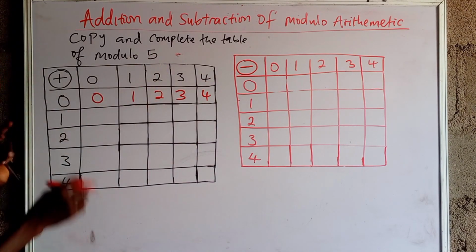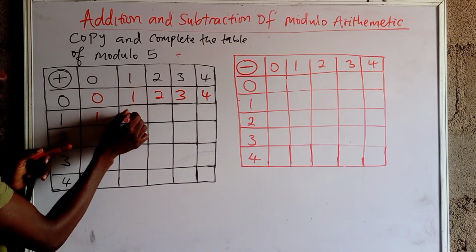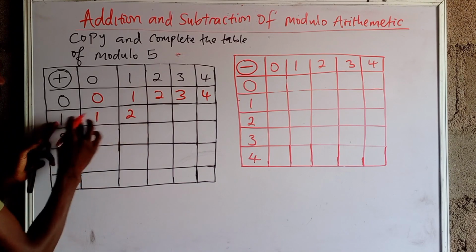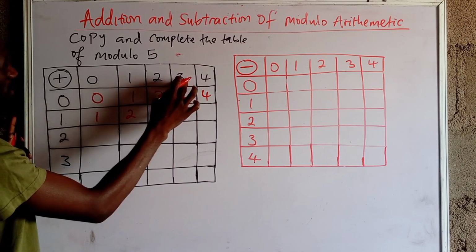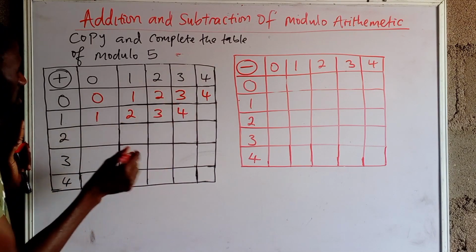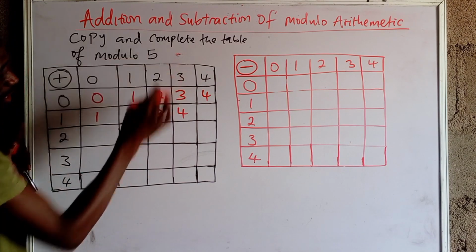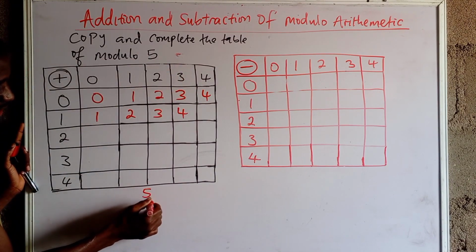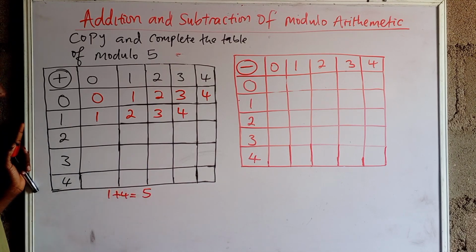1 plus 0 is 1, 1 plus 1 is 2, 1 plus 2 is 3, 1 plus 3 is 4, 1 plus 4 reaches 5. Therefore, 1 plus 4 is equal to 5.